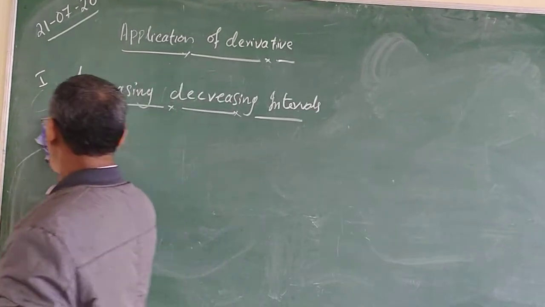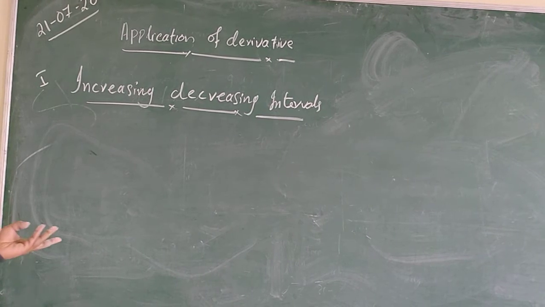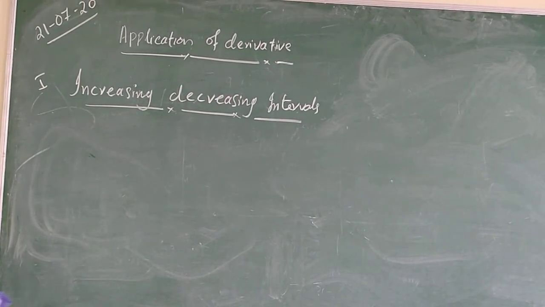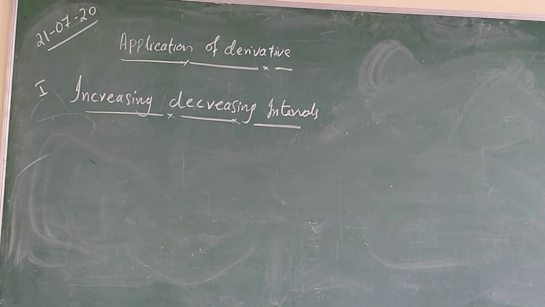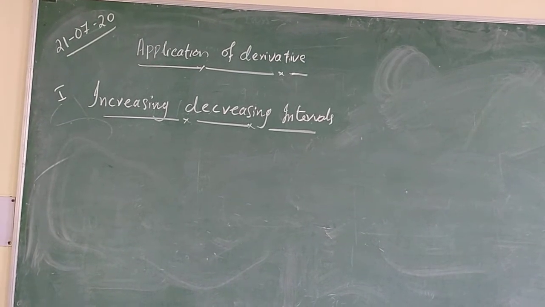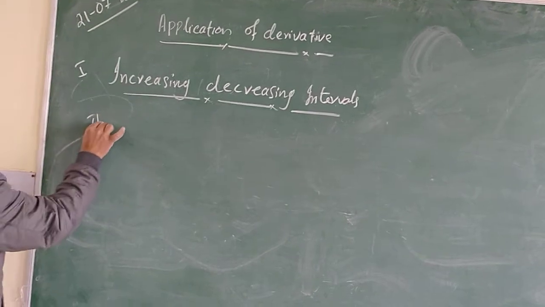So now we have a definition of increasing function and decreasing function, and strictly increasing and strictly decreasing. Now let us come to how differentiation is helpful for finding out the increasing and decreasing intervals. There is a property, or you can call it a theorem.